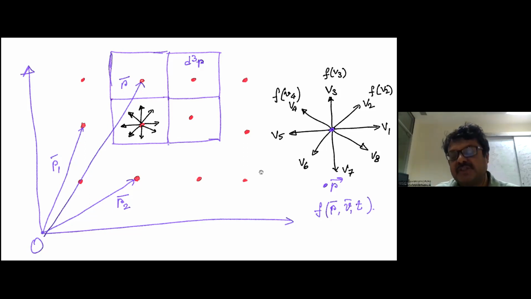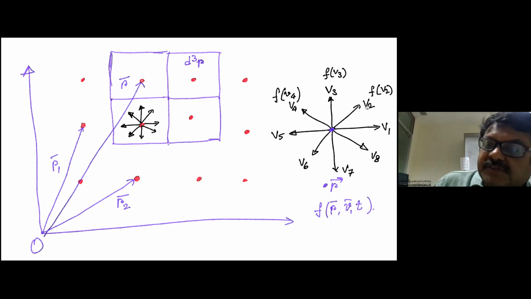Now, due to collisions between particles, some of the particles which were going with velocity v1 would be scattered such that they would have velocity v2. So f2 would increase because of collisions.